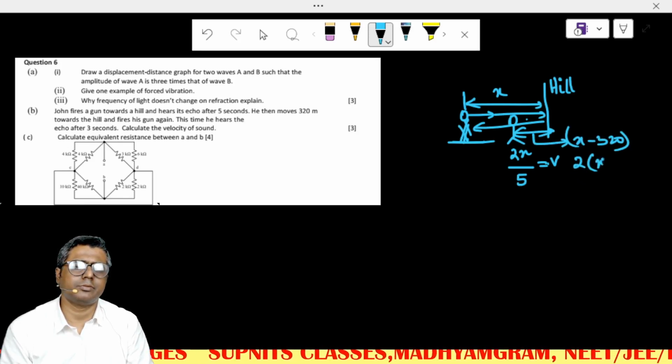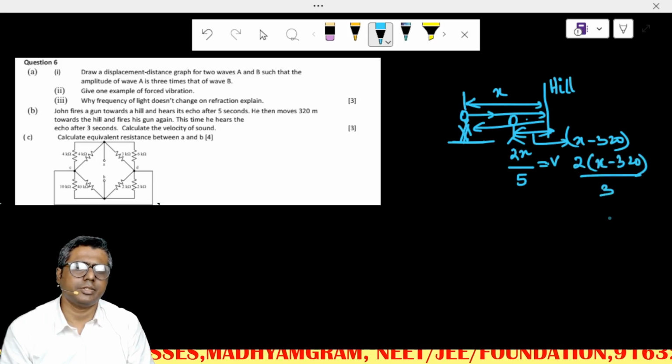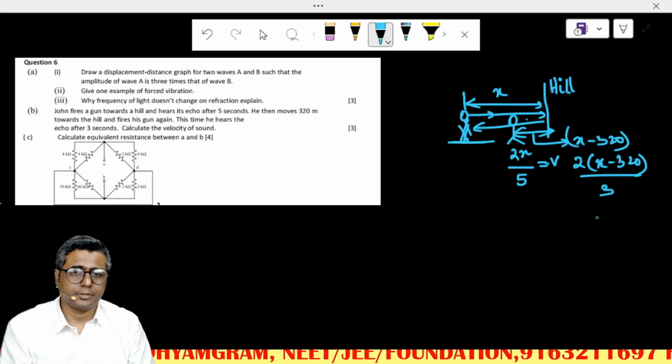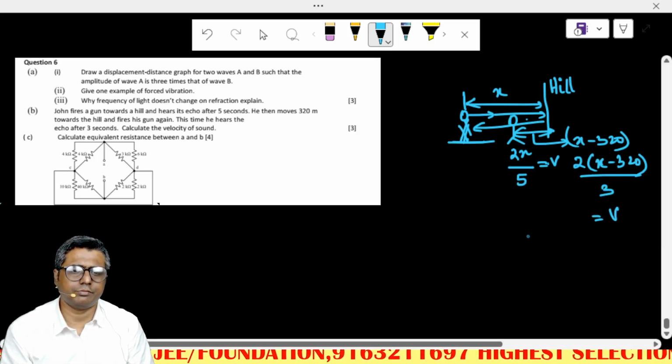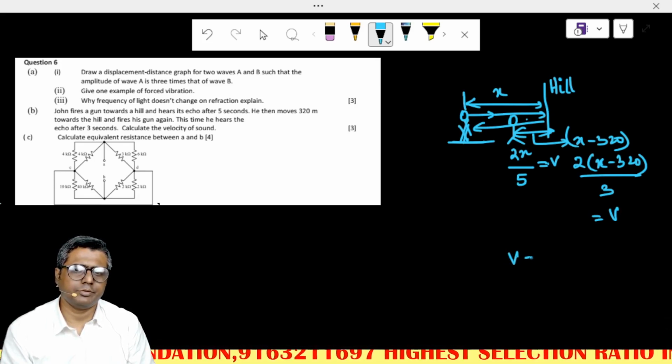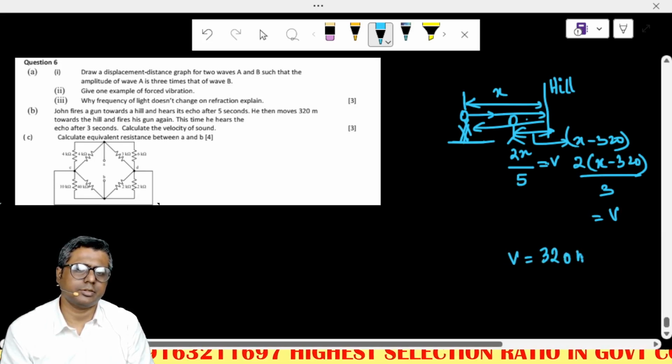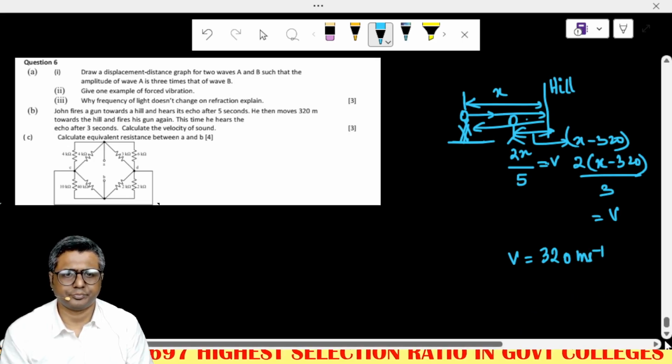So 2 into x minus 320 divided by 3 seconds is equal to V. From here you can easily solve for V, and V will come out to be 320 meters per second.